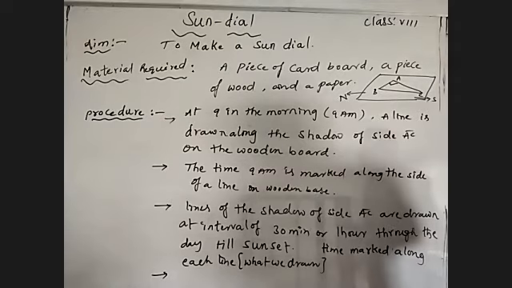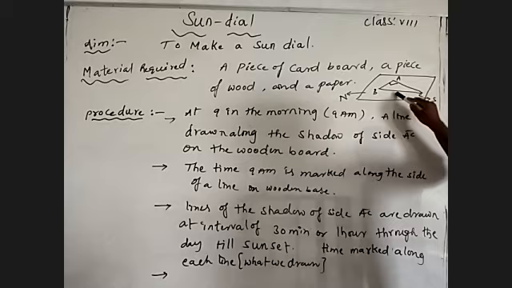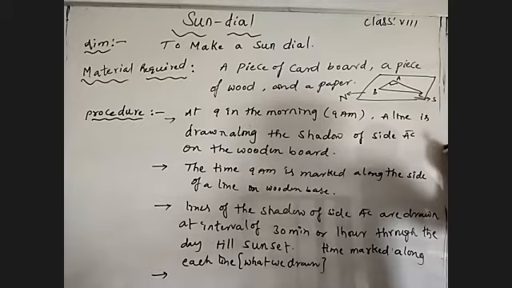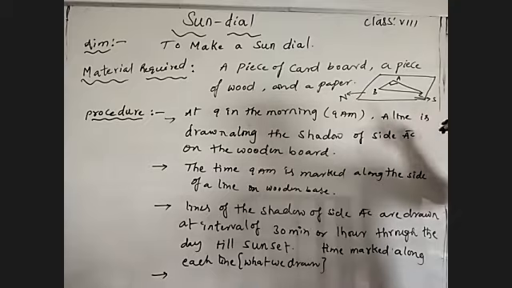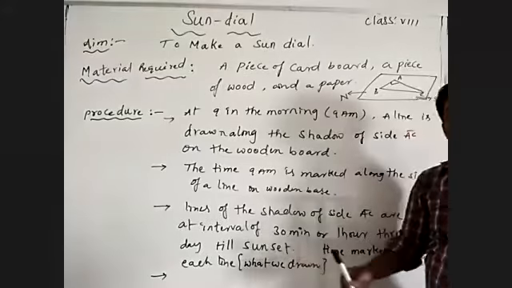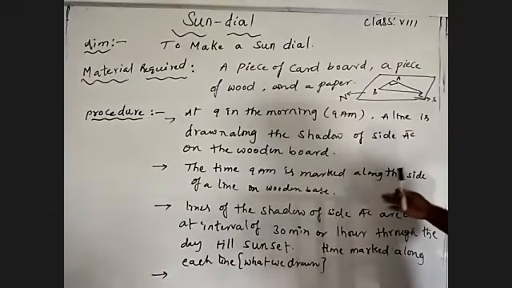At each interval you must draw a line along the shadow of AC. Understand? We have to draw that line continuously up to sunset, and mark the time on each and every line that we draw.